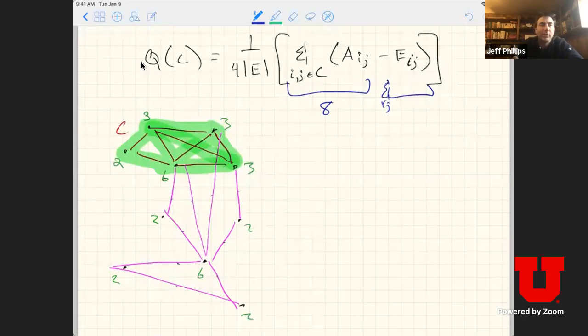Great, a nice round number. So this edge is going to get a score for ij of 3 times 3 divided by 2 times 17.